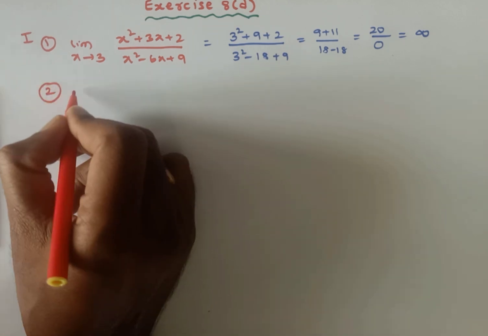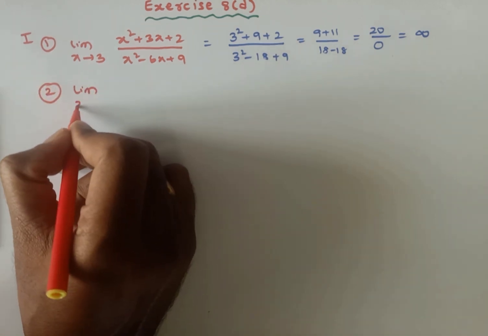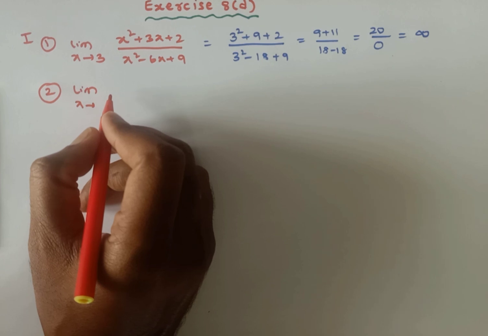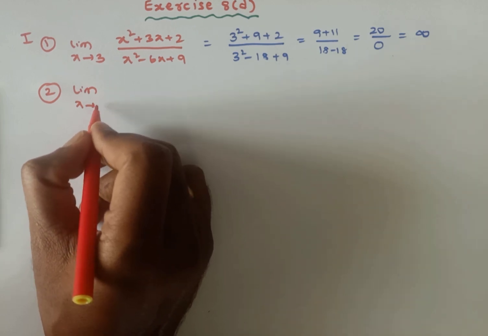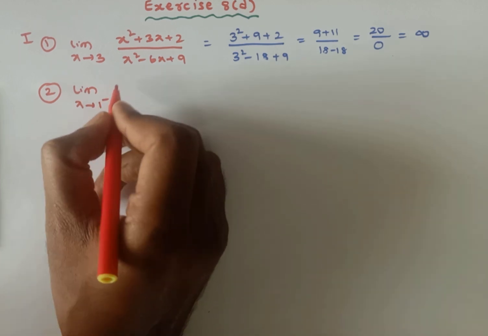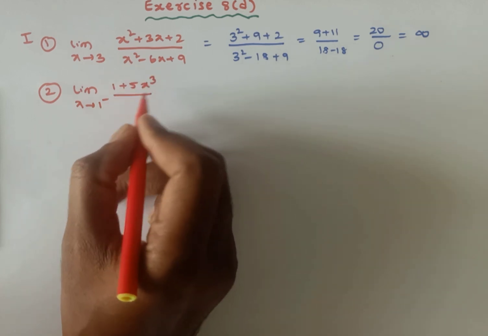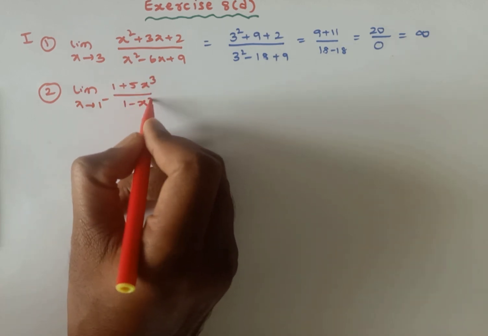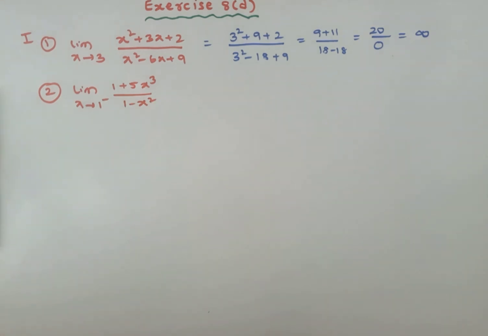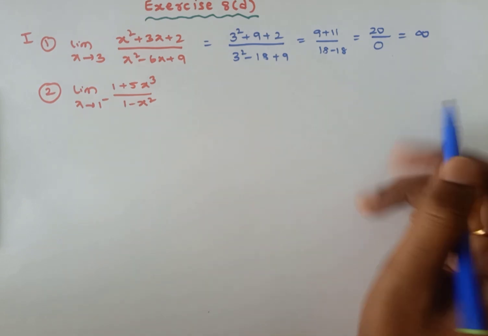And the second problem, limit as x tends to 1 minus of (1 plus 5x cube) divided by (1 minus x square). As we know, x approaches 1 minus means the left hand side limit of 1, that is, x approaches 1 from the left hand side.